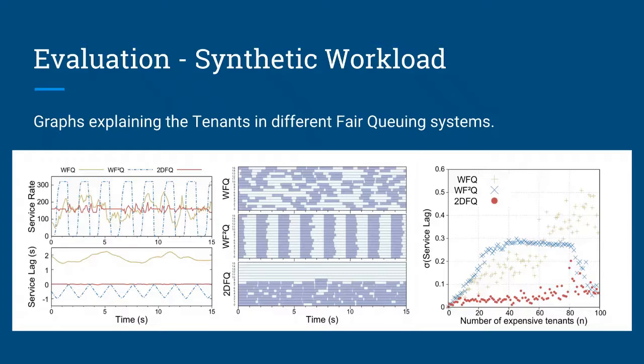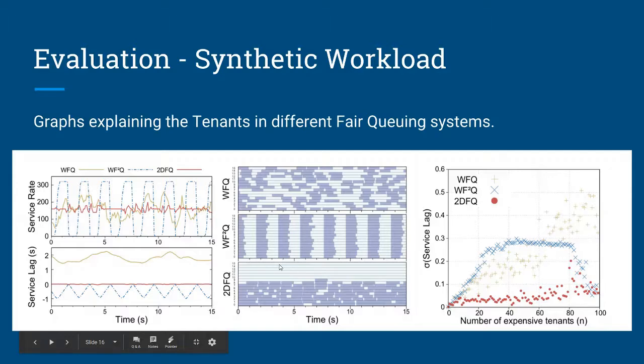So you're able to see three graphs explaining the synthetic workload and the tenants of different fair queuing systems. The first graph explains the service received by a small tenant over time, and it's measured in 100 millisecond intervals. The bottom graph explains the service lags in seconds, compared to an ideal GPS server.